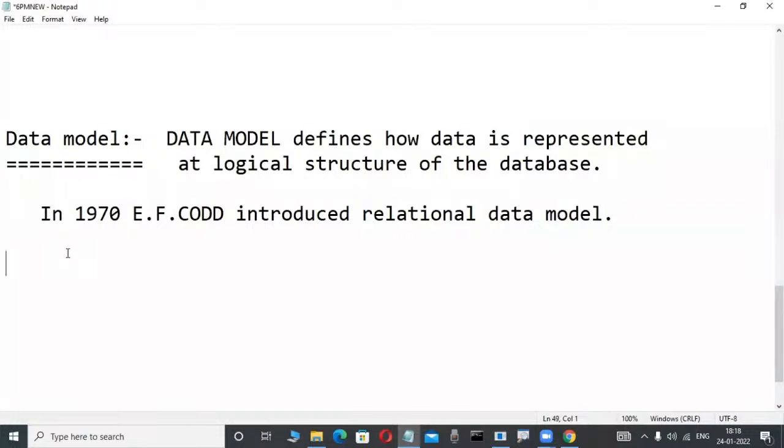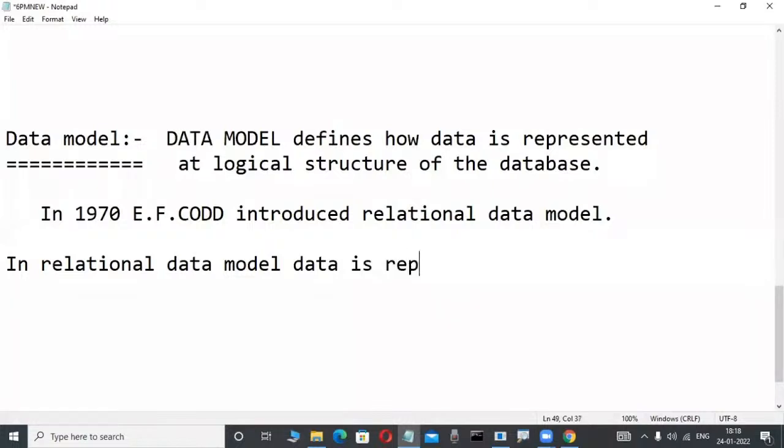Observe it here: in the relational data model, data is represented in two-dimensional tables.